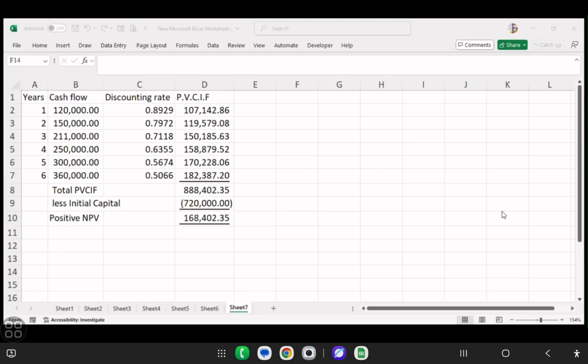Yes, that year the cash flow is 200. Did I say 210 or 200? Let me check. 200, oh yeah, this is 200,000. Good, that's correct.